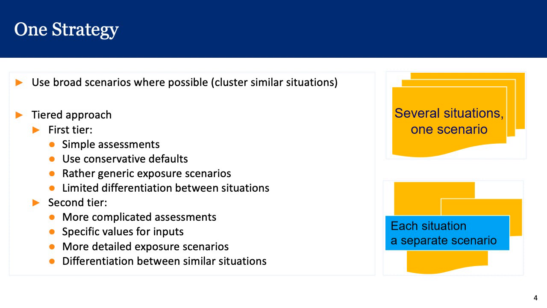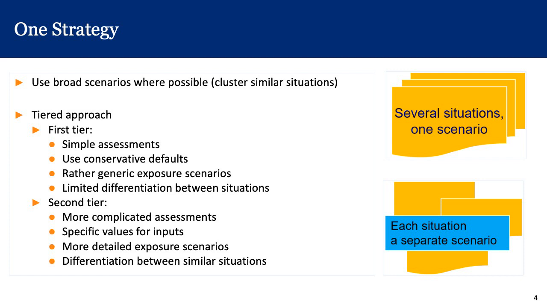Once we've defined our scenarios, we need to use a tiered approach. What we do here is in the first tier, we use very conservative default assumptions. They are very simple assumptions, and the exposure scenarios are very generic, and there is very limited differentiation between the situations. So these are similar to some of the rules of thumb that we have discussed earlier.